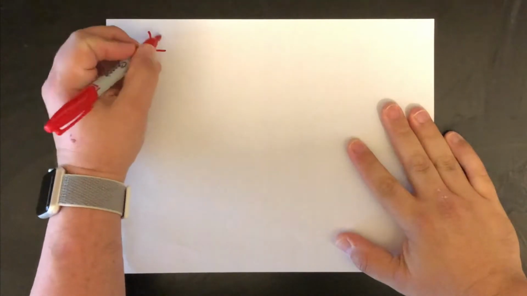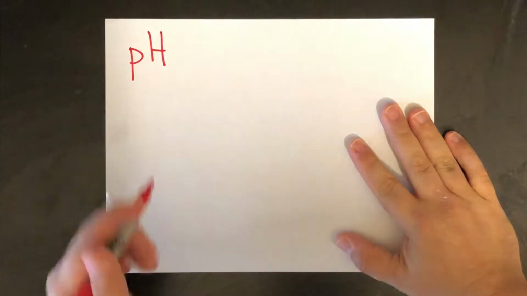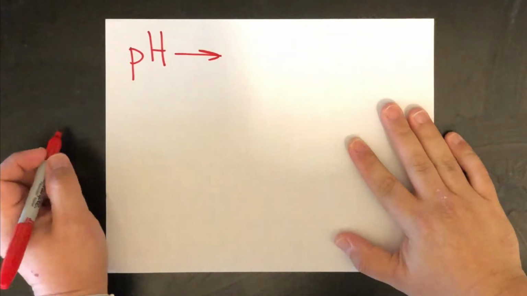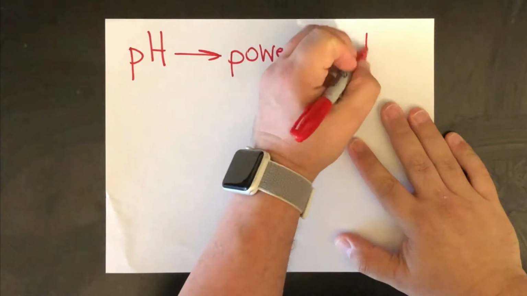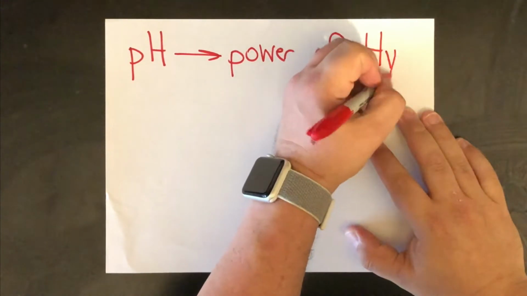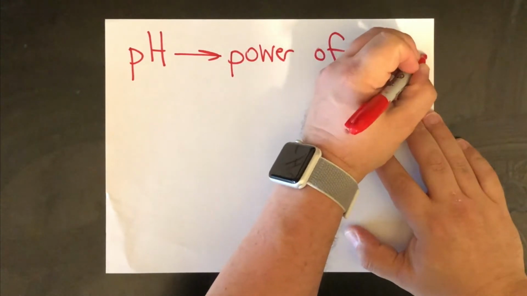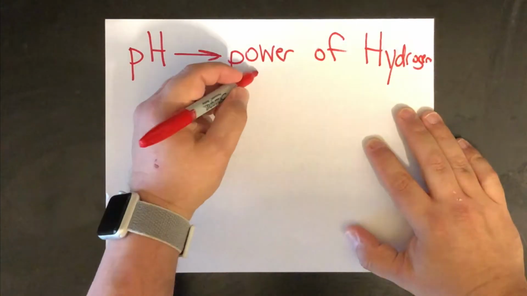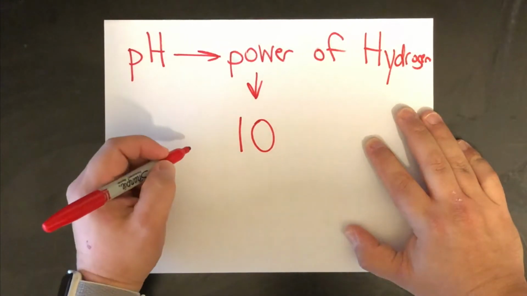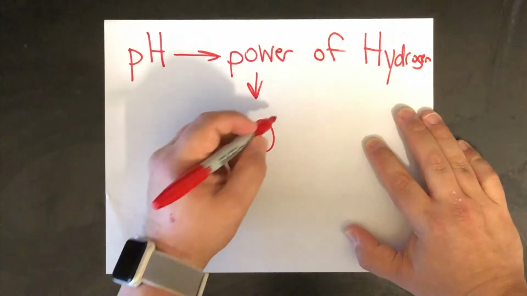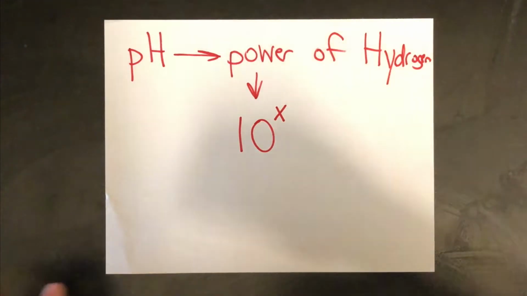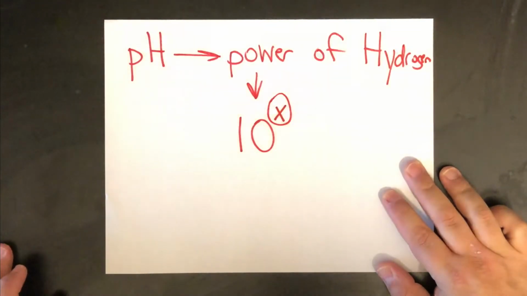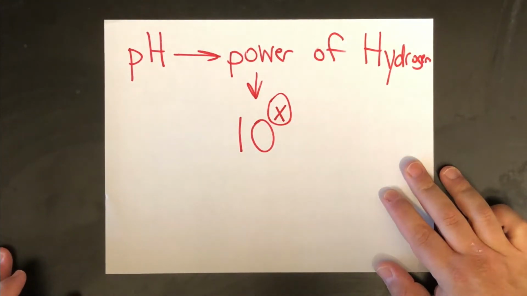All right, guys, so if you want to know more about what exactly pH is, the first thing to understand is that the abbreviation pH stands for power of hydrogen. And by power, what we mean is how much hydrogen is in a solution or an amount of water, and what is the exponent of that concentration, okay?